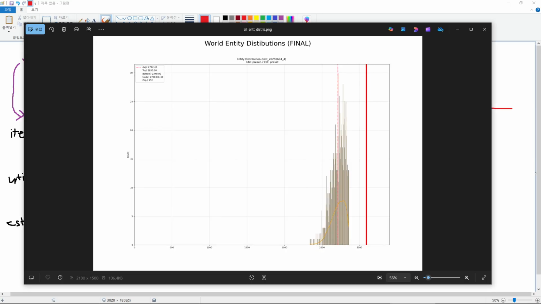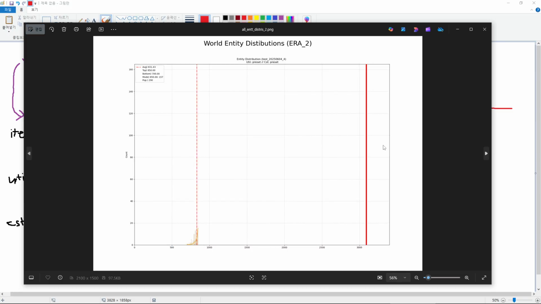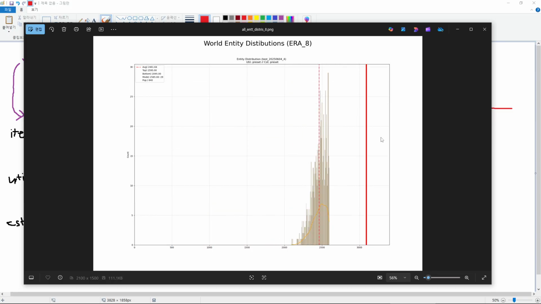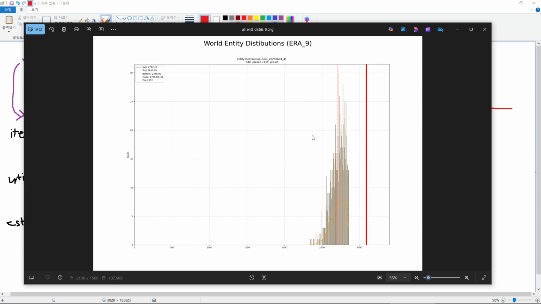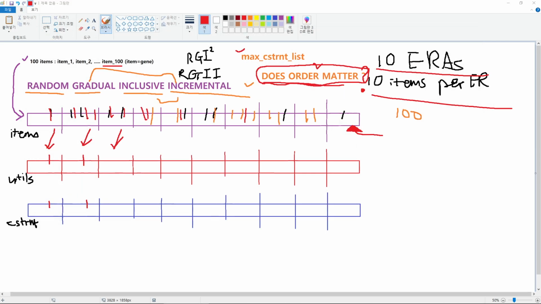And the distributions looked somewhat similar. Well, not in this case. But anyway, they did look somewhat similar. Nothing that much out of the ordinary.